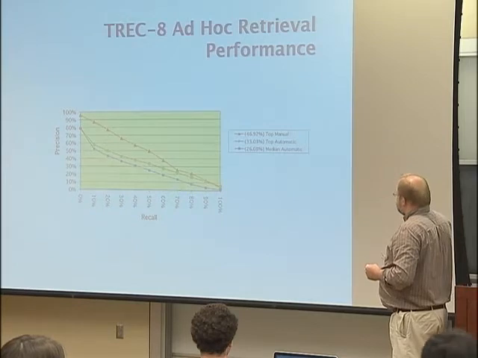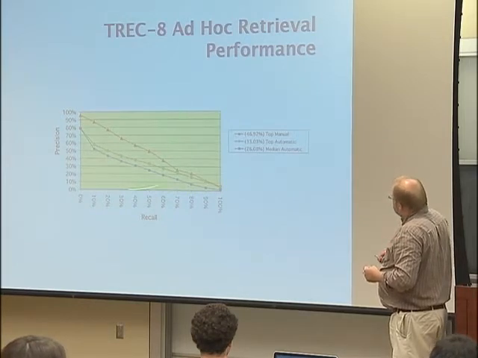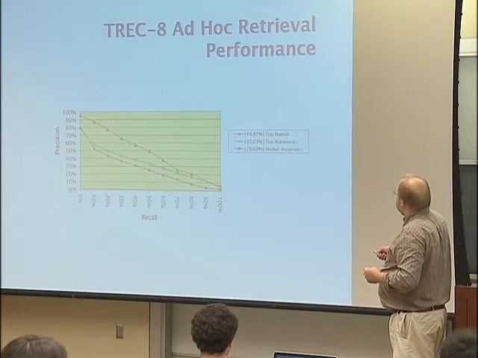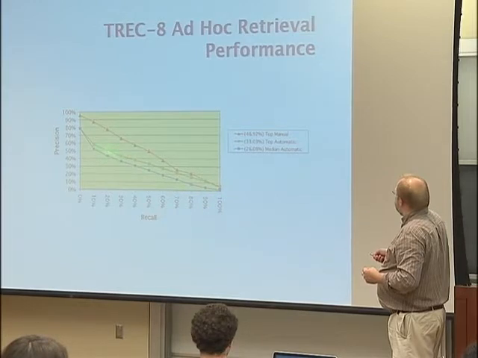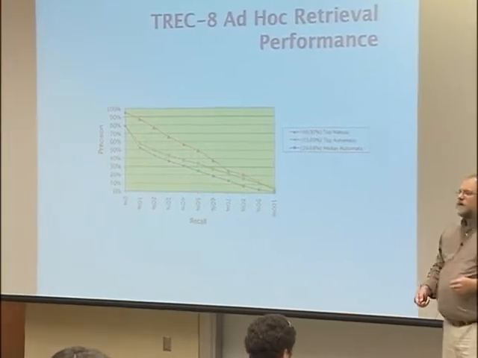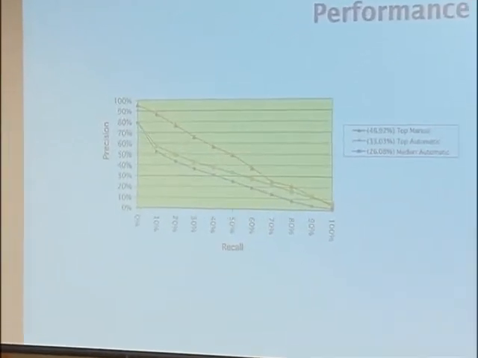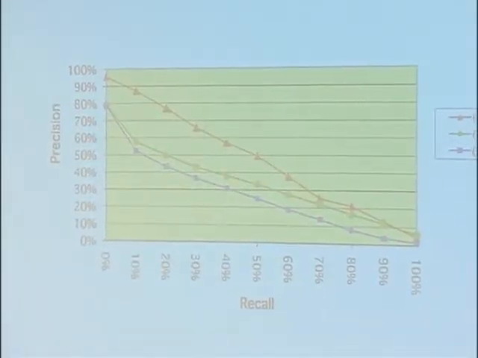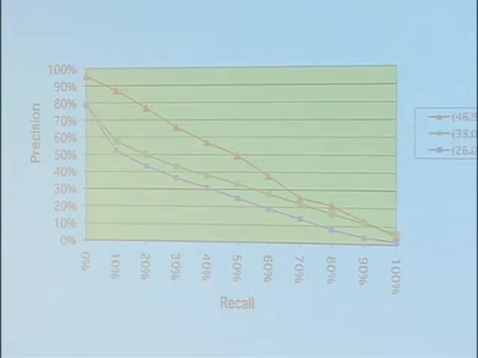So here's recall, here's precision. And what we see here is 3 different curves. The bottom line is the median automatic system for that year's TREC. This middle line is the best automatic system at that year's TREC.